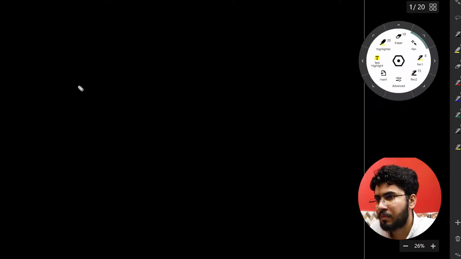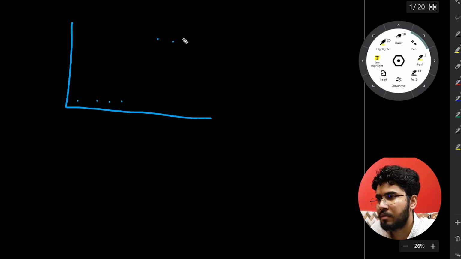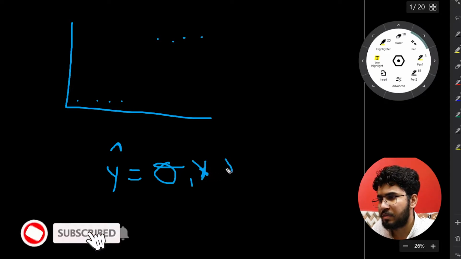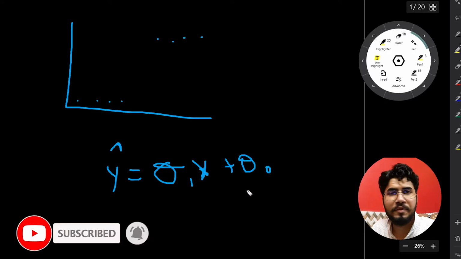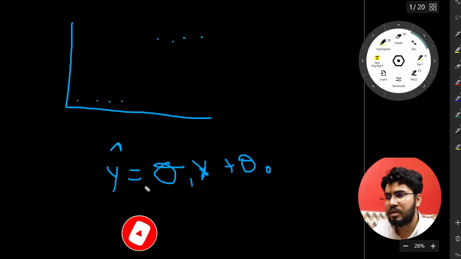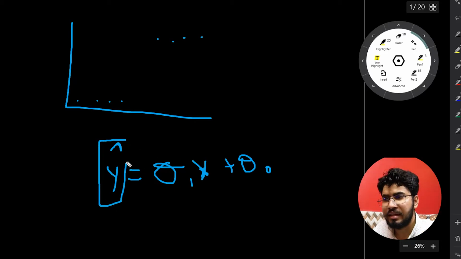Let's suppose you have this data, and in linear regression, you were getting your output, your y prediction, with this formula: theta 1 into x plus theta 0. So this was the formula that you were using to get our predictions in linear regression.